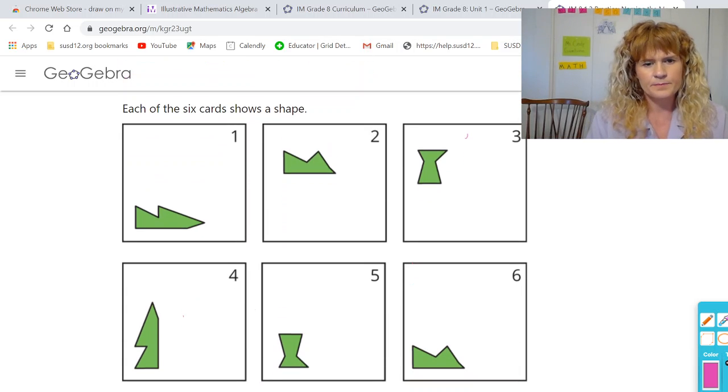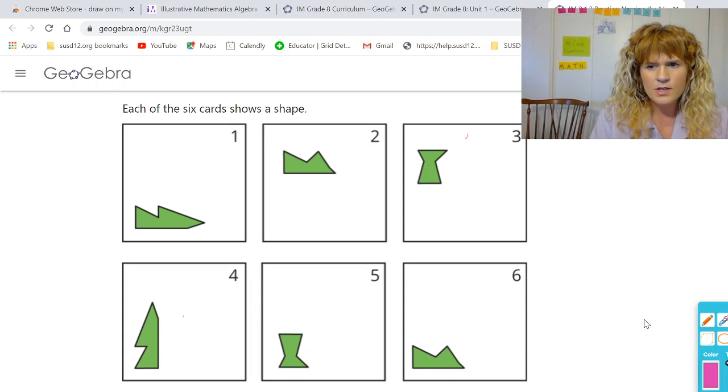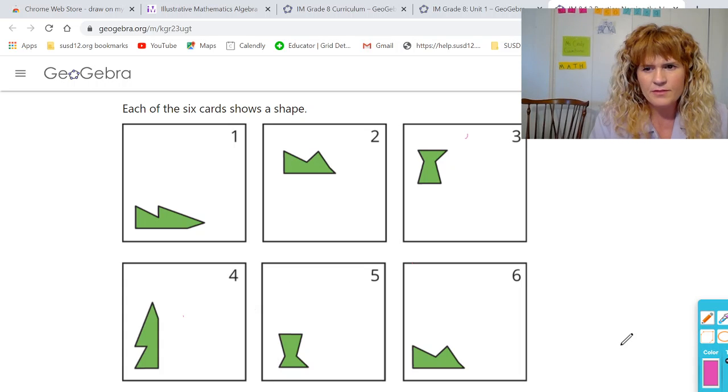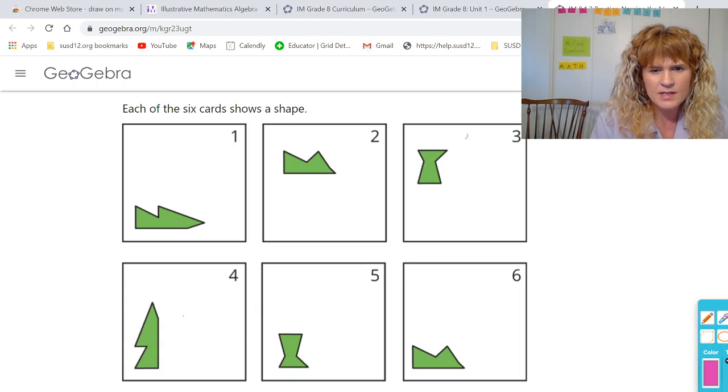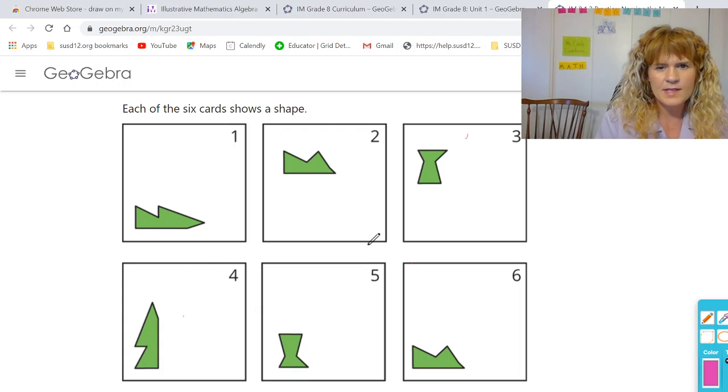Okay, next. Each of the 6 cards shows a shape. Which pair of cards shows a shape and its image after a reflection? Right here it says reflection. Okay, well, these are the same cards.